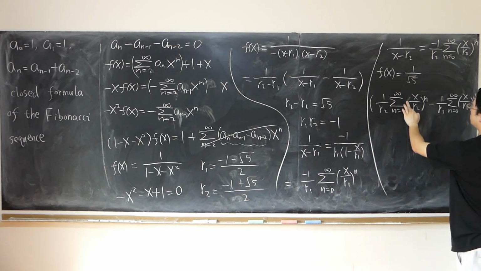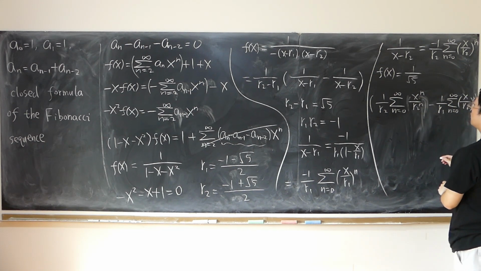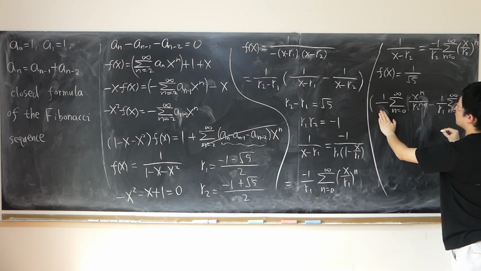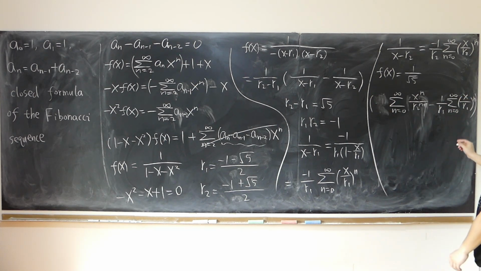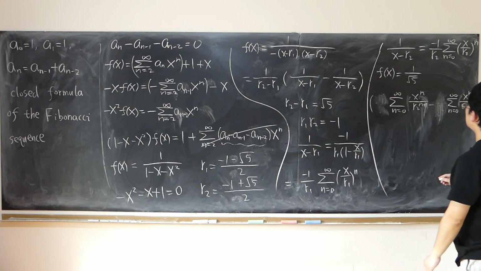So x to the power of n, distribute the power n and put this r2 into here, so the power of n plus 1. Also, this becomes distribute the power to the x to the n, r1 to the n plus 1, and this is gone.